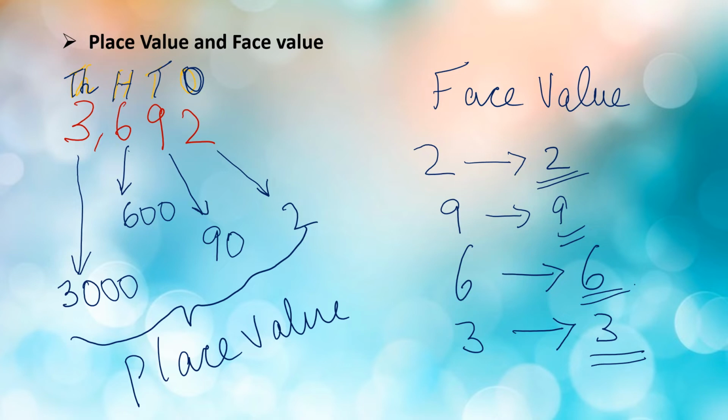Very good. So now let us move on to the next topic, which is the standard and expanded form. I know you are all familiar with these. So what do you mean by standard form? A number, when written in numerals separated by commas, is said to be in its standard form.